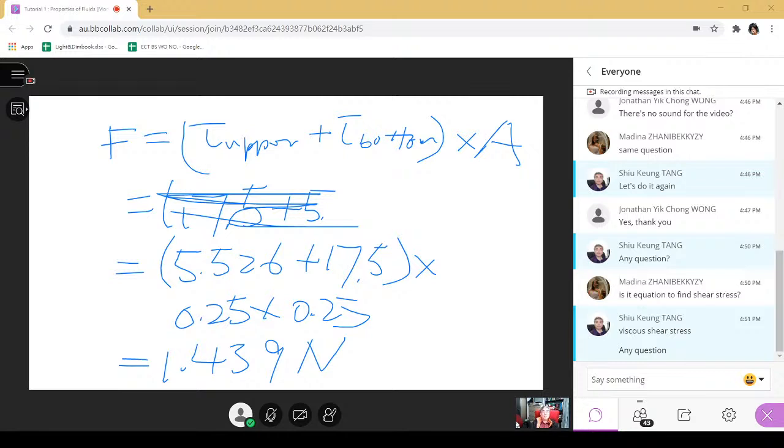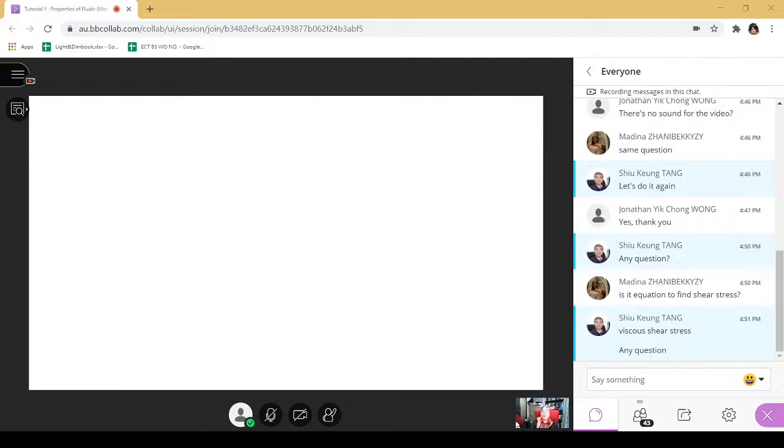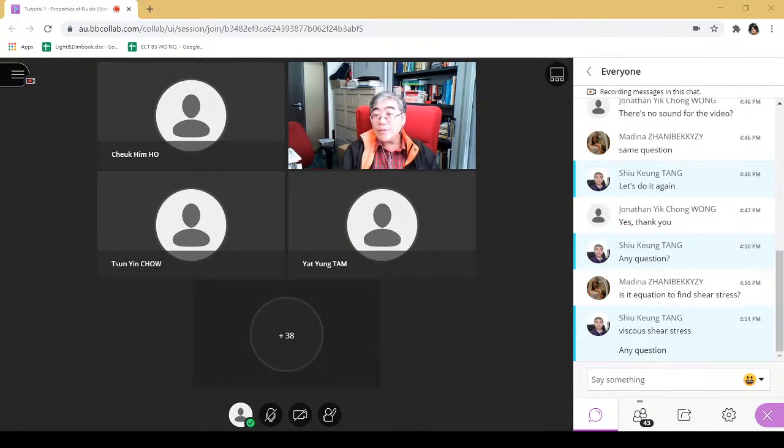I hope that those things can strengthen your concepts related to properties of fluids, gauge pressure, and viscosity. Okay. So this is the second example. Okay. Next, we go back to our file, our tutorial sheet.